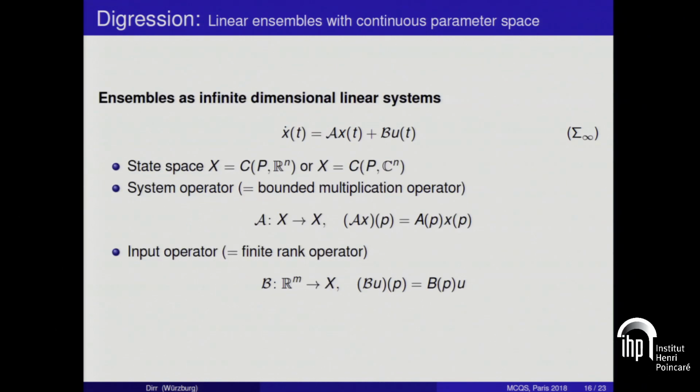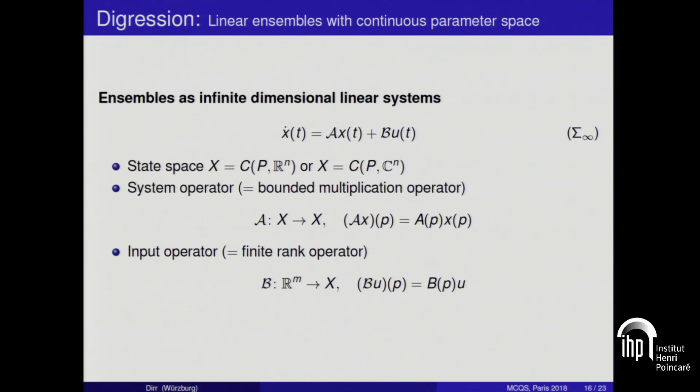So what is known about these systems? First, let me introduce the following notation, to show you that we are really faced with an infinite dimensional system. We define this A operator as the multiplication operator with the matrix A(p), so x(p) times A(p).